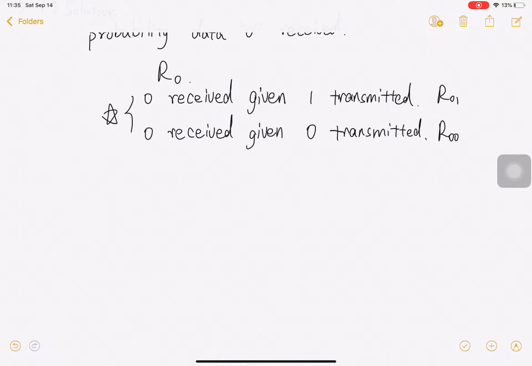So the probability of R0 equals the probability of R01 plus the probability of R00.